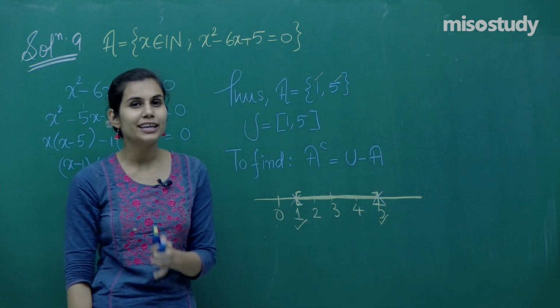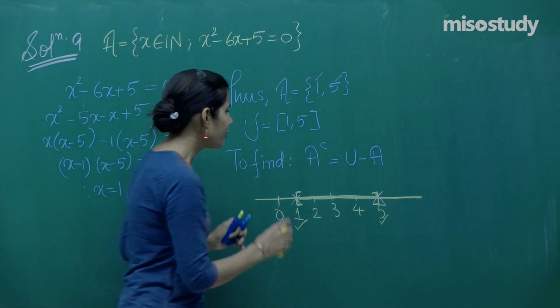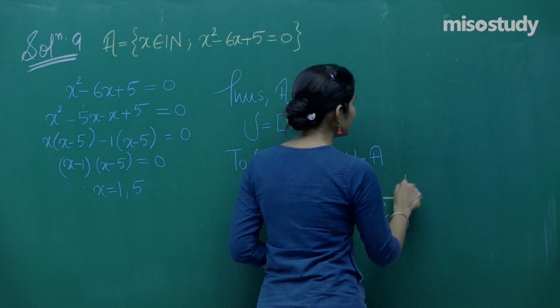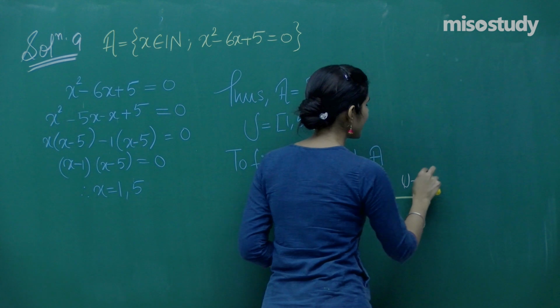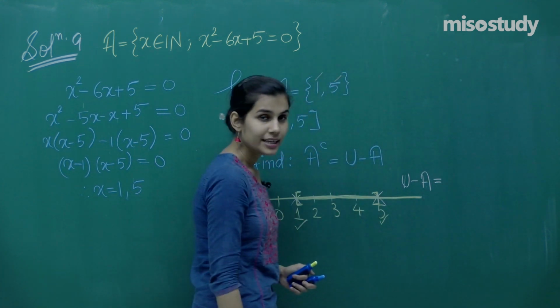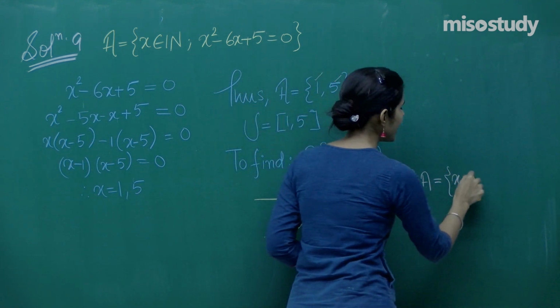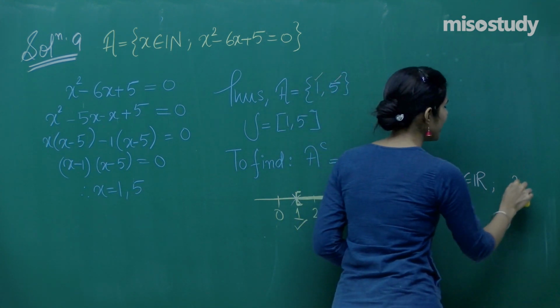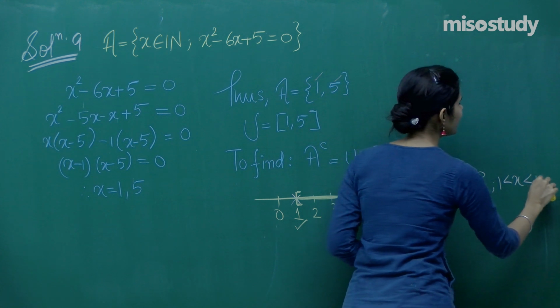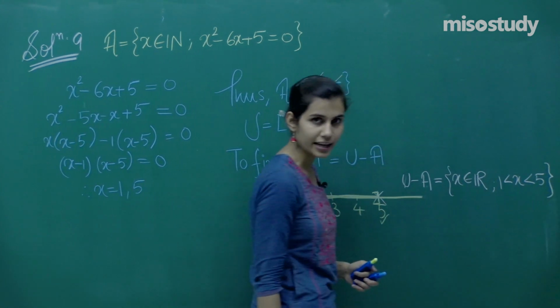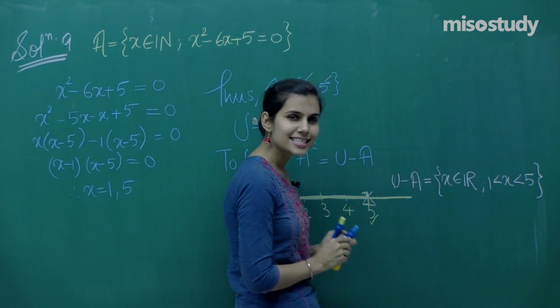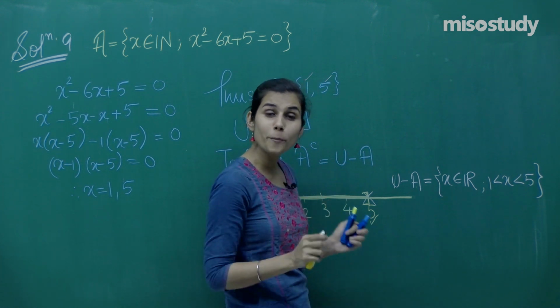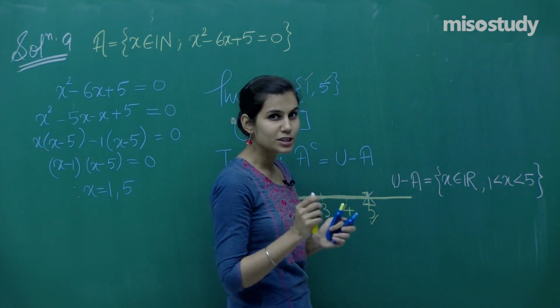Here the entry of 1 and 5 is not allowed, and therefore after doing that, U minus A comes out to be all those x belonging to the collection reals such that x is strictly greater than 1 and strictly less than 5. What is this? Isn't this the very definition of the open interval with the endpoints 1 and 5?